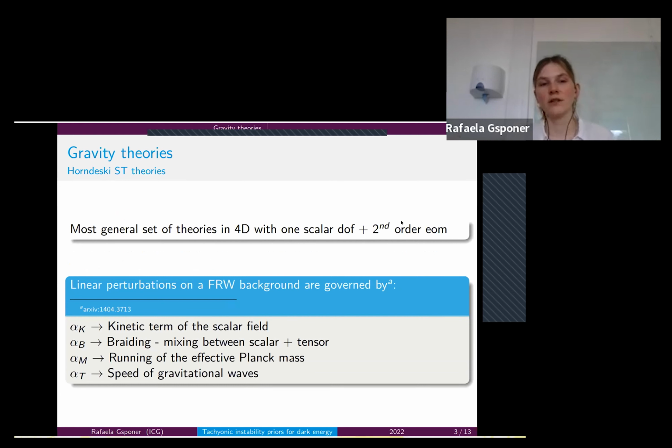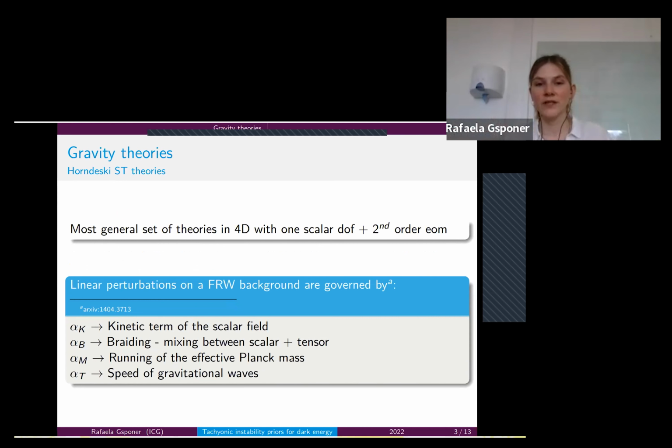In the project, we were looking at Horndeski scalar-tensor theories, which are the most general set of theories still in 4 dimensions and with second order equations of motion. But besides the metric tensor, there's an additional scalar degree of freedom.